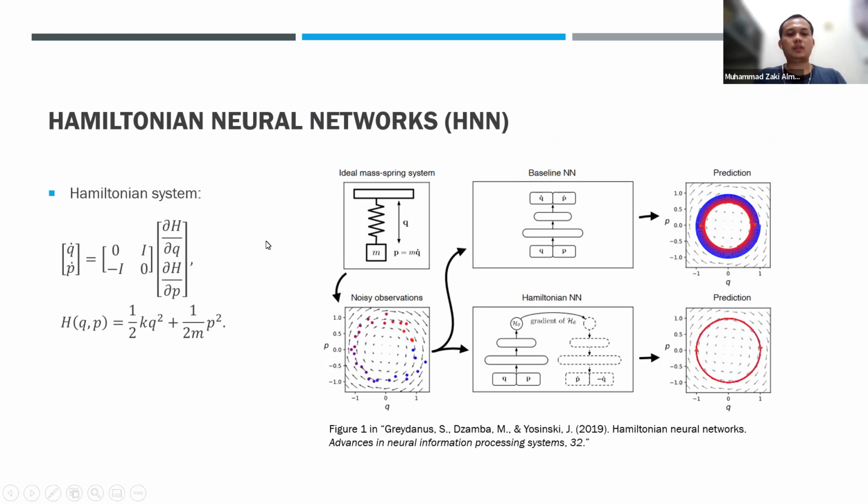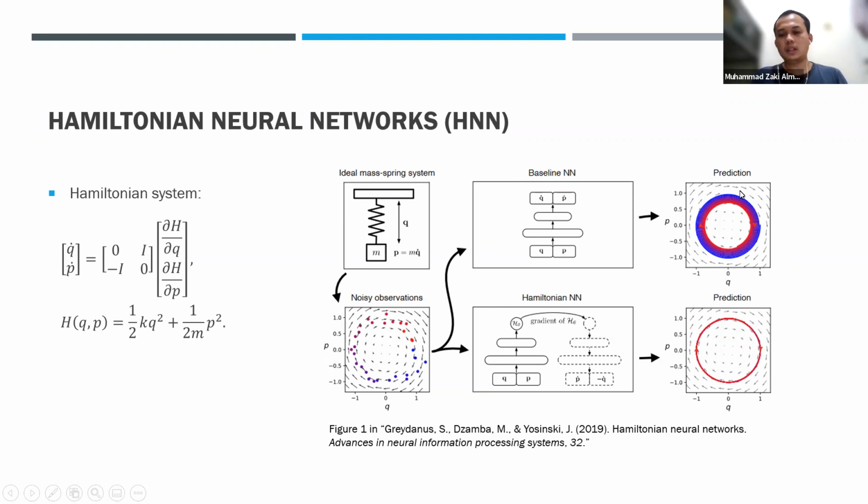But in the Hamiltonian neural networks, instead of directly predicting the time derivative of the states, what they predict is the Hamiltonian, the total energy of the system, and then from that total energy, they try to recover the time derivative of the states using the differential equations.